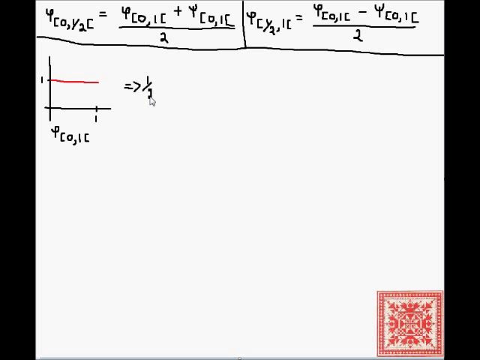So this is phi from 0 to 1. And half of that is just going to be the step function where the height of the horizontal line will be at 1/2. Right, if we multiply that step function by 1/2 uniformly on all of the intervals, then the step function will look like this.